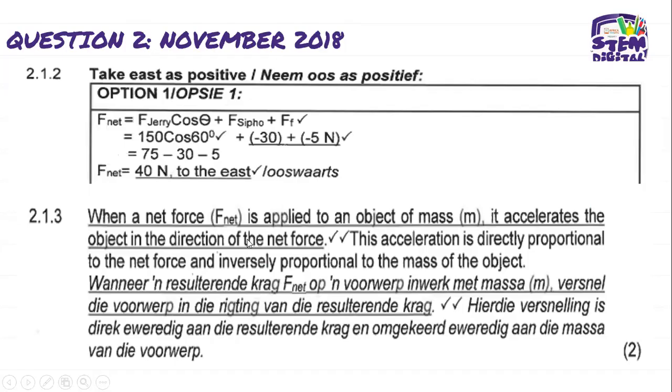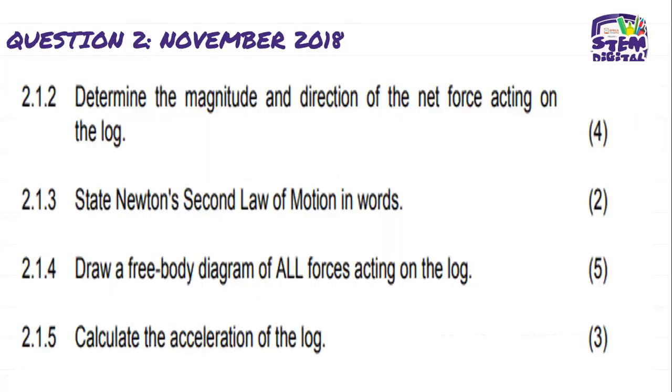Now, this is what I also want you to look into. You see, the question was clear. Determine the magnitude and direction of the net force. If they said determine the magnitude of the net force, it would just give us the magnitude.